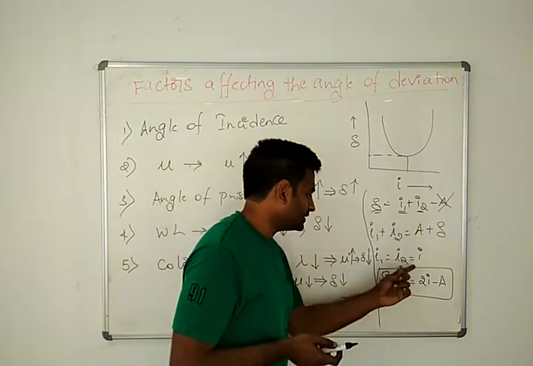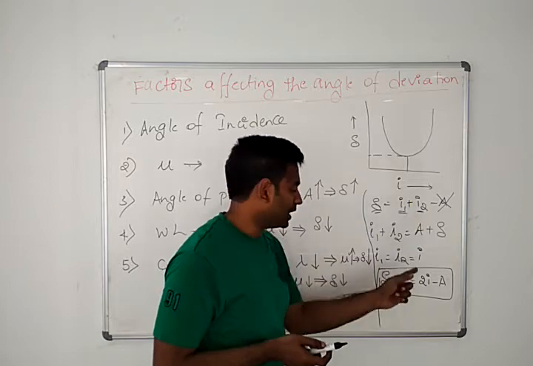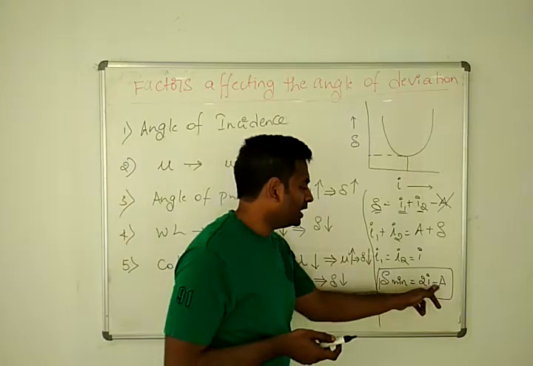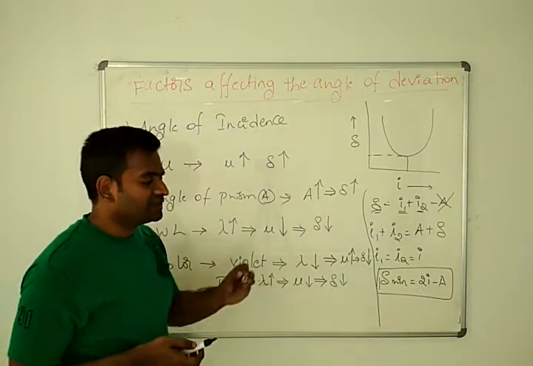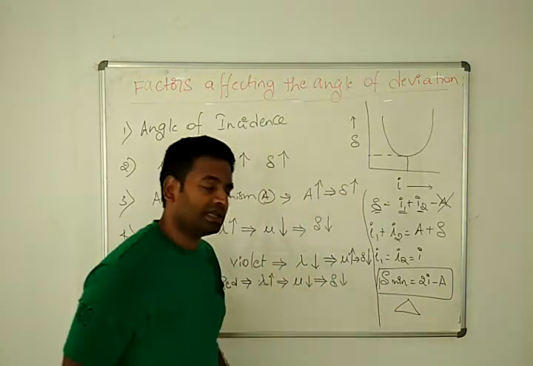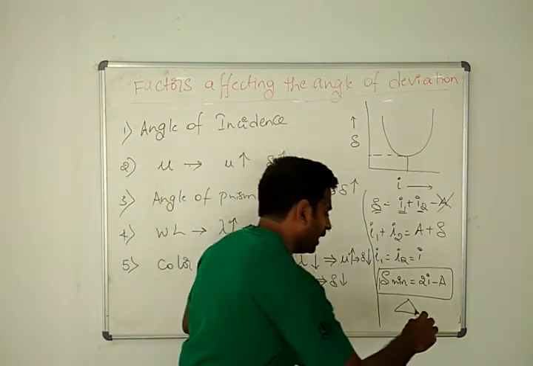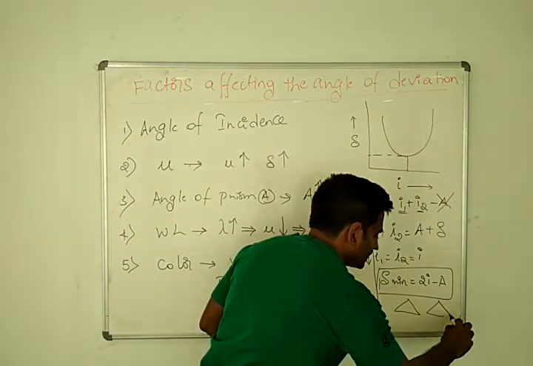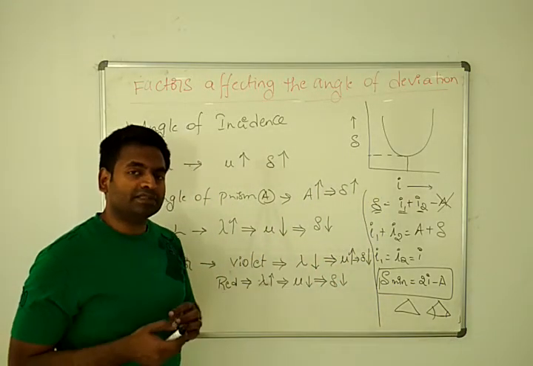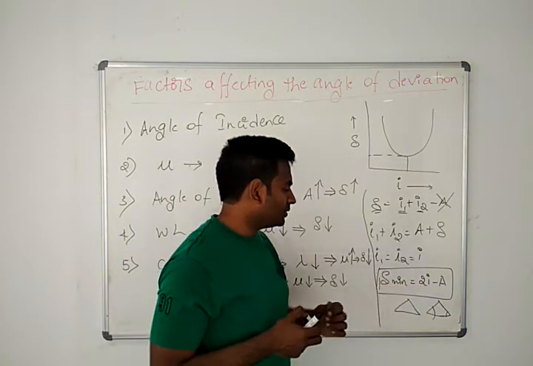That minimum deviation is given when I substitute I1 is equal to I, I2 is also I, so that is 2I minus A. So the value of delta minimum will be given by 2 times I minus A. This is possible physically when your triangle is either an equilateral triangle or an isosceles triangle.